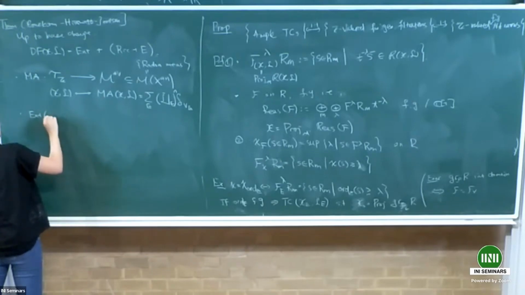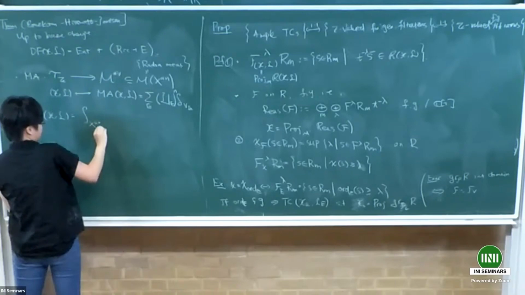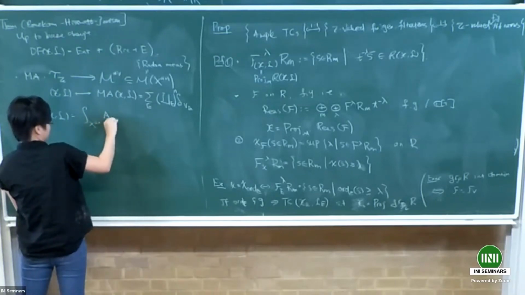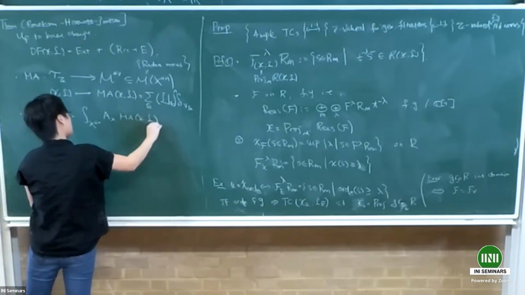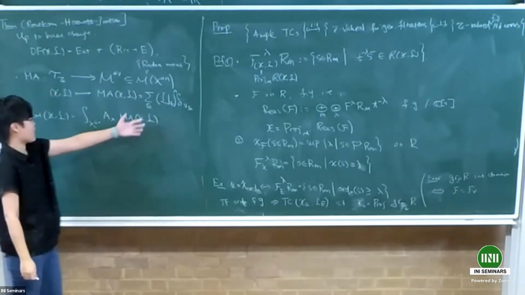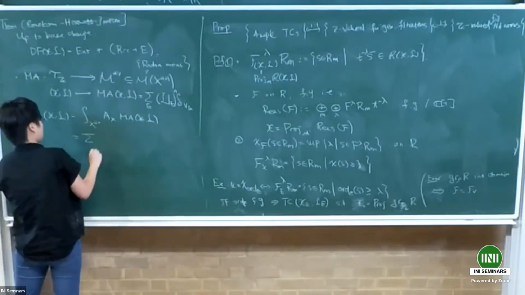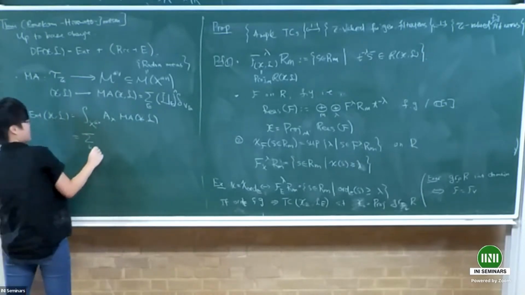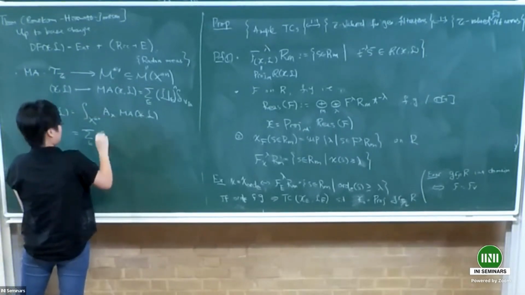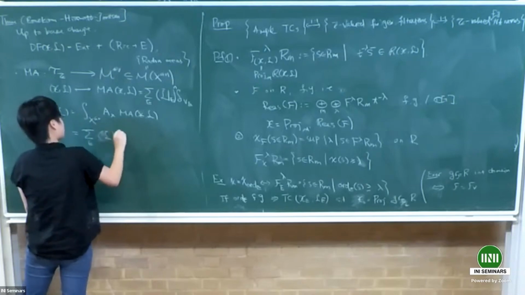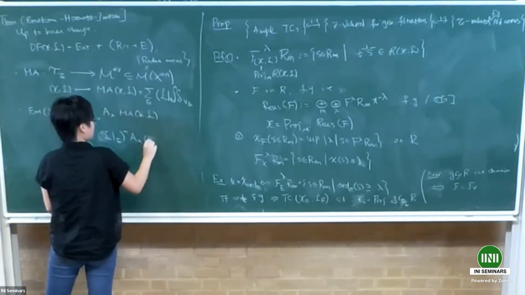So the entropy of a test configuration is going to be integrating over X^an the log discrepancy function with respect to the measure, but you have a sum of the Dirac masses. So this is nothing but the sum over all irreducible components, and then you evaluate this intersection number, and then the log discrepancies, A_X(v_E).